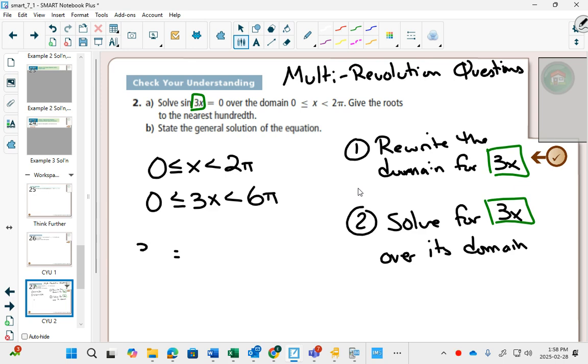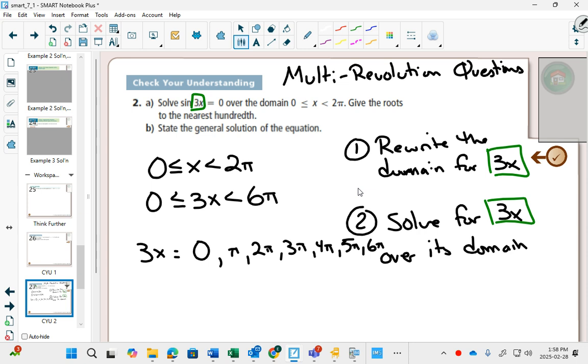We have 3x equals 0, pi, and 2 pi. But that is only once around the circle. What's its domain? Its domain is 3 times around the circle. So second time around, you would also hit 3 pi and 4 pi. And the third time around, you would hit 5 pi and 6 pi.